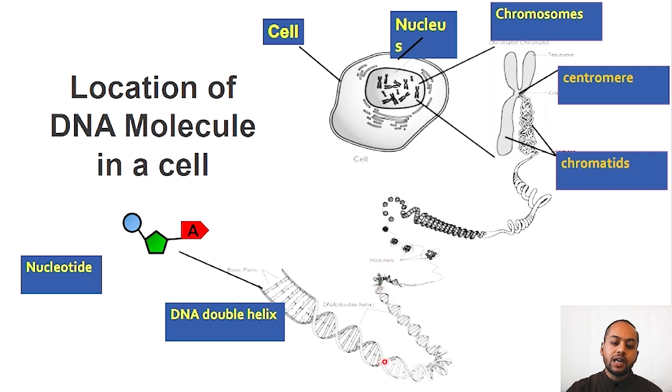If you have a look further down at the bottom, you will notice that the DNA molecule is forming a double helix structure, and that is basically going to be the structure of the DNA molecule, which we'll look at later on.